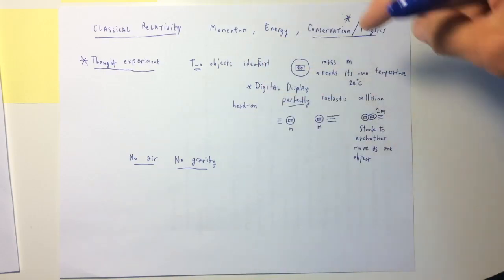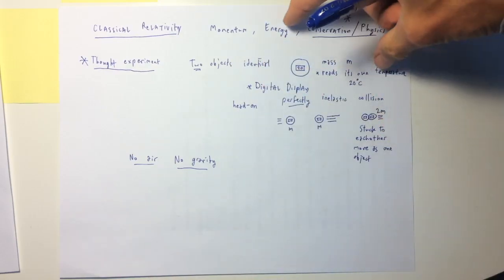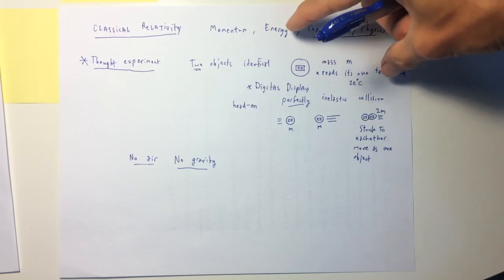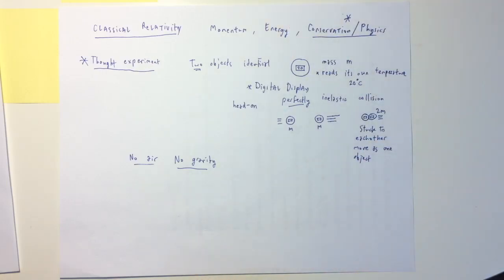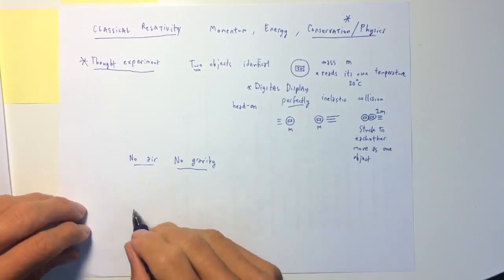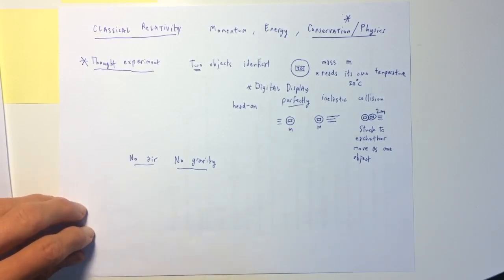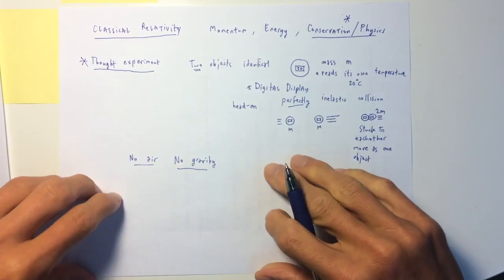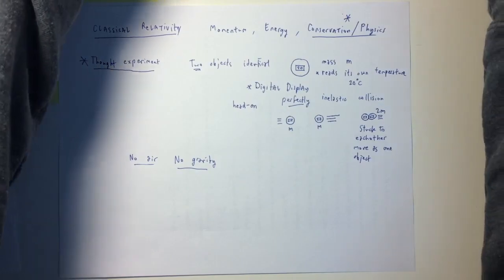You know that energy and temperature are related to each other. They're not the same thing, but they are related. So this is our thought experiment, and let me move on and continue with it.